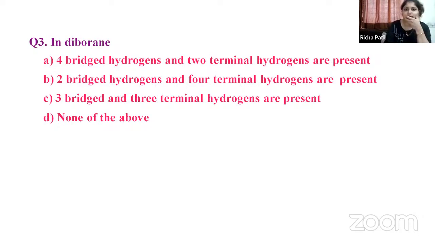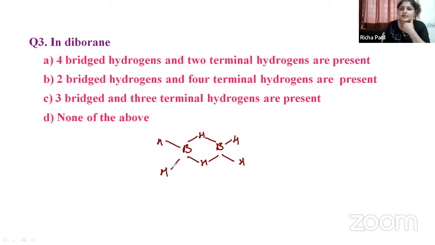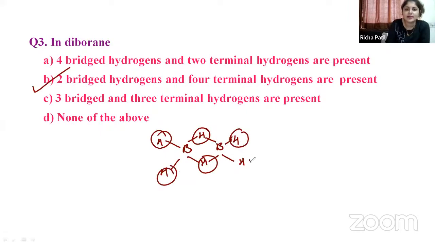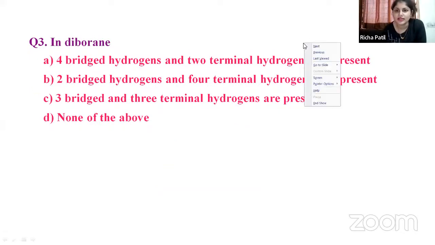I'll write the structure of diborane. It has two bridged hydrogens, and four terminal hydrogens are present. This is the correct answer. Most of you have answered it right. We'll go for the next one.